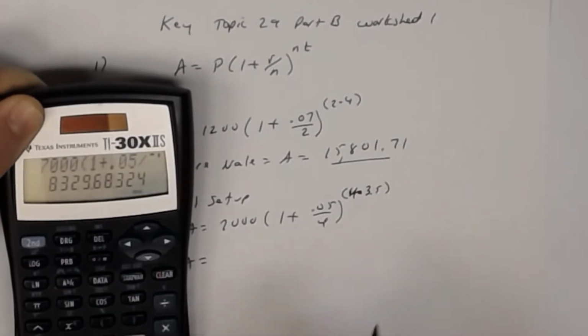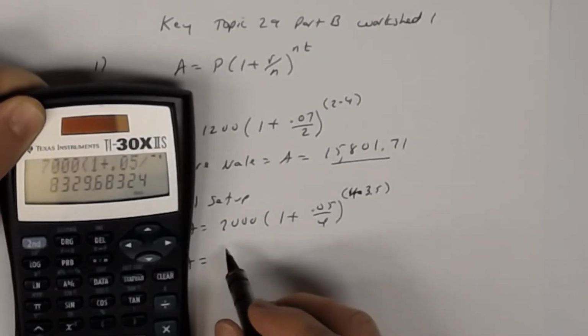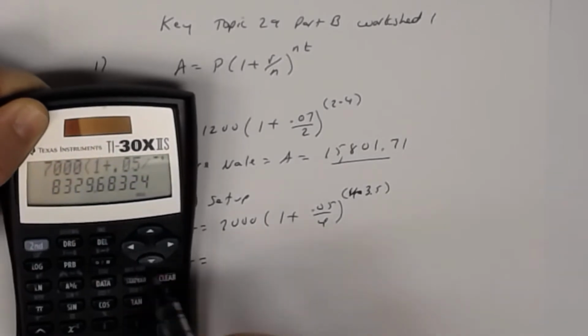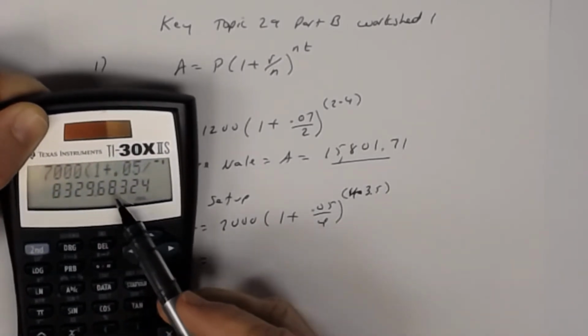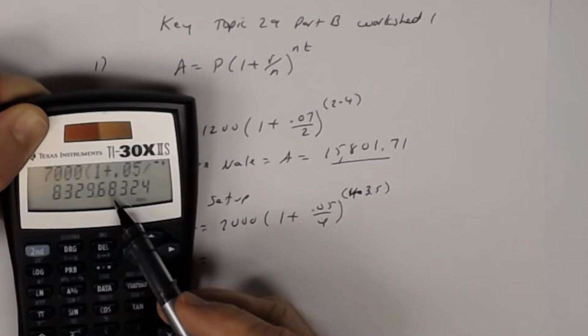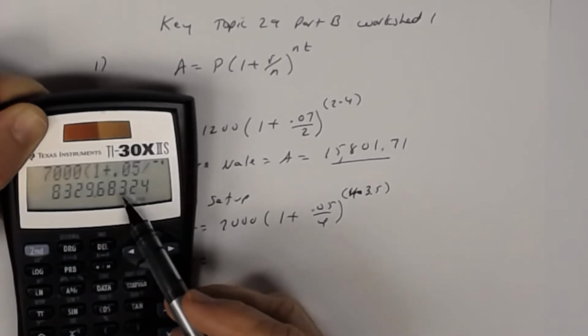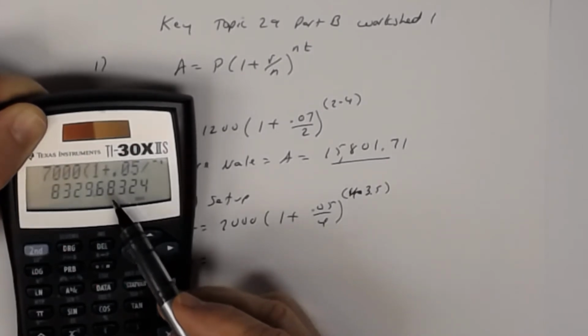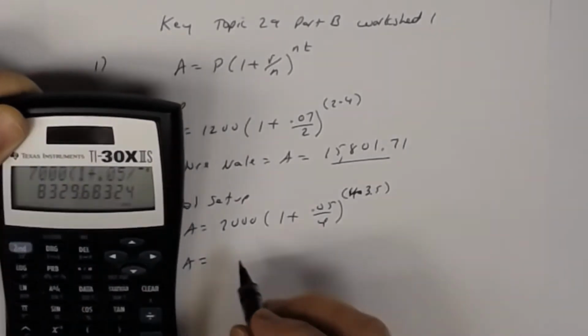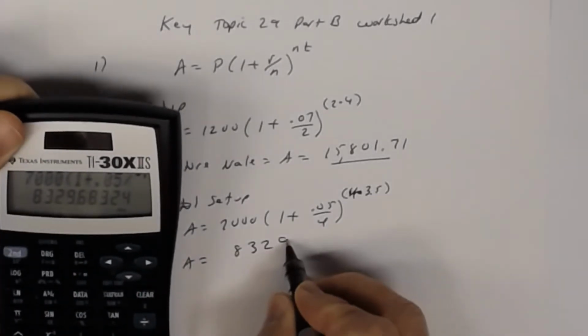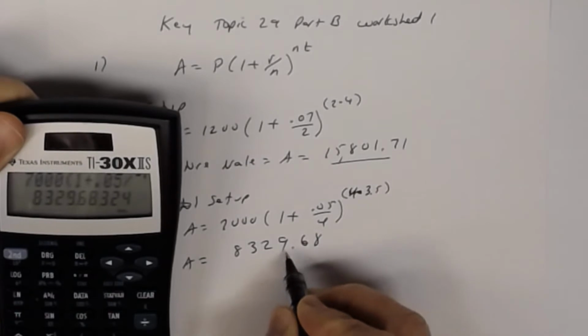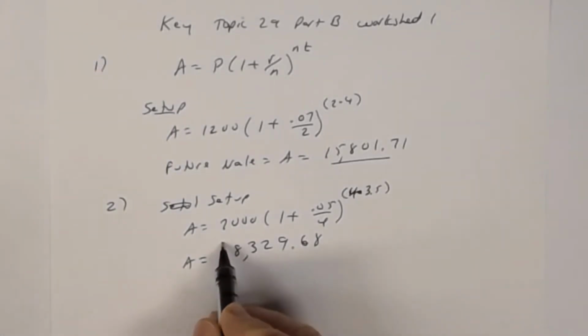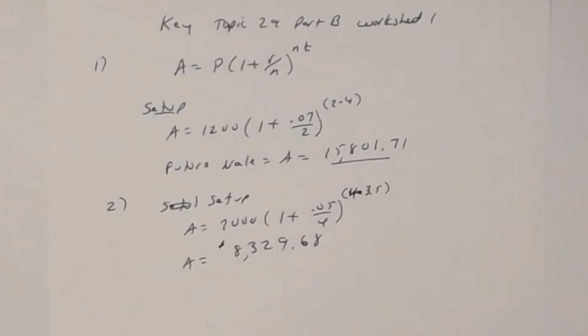For the nearest cent, the 8 is in the hundredths place, so look at the thousandths. Since 3 is less than 5, the 8 stays as 8. So we get $8,329.68. That's number 2.